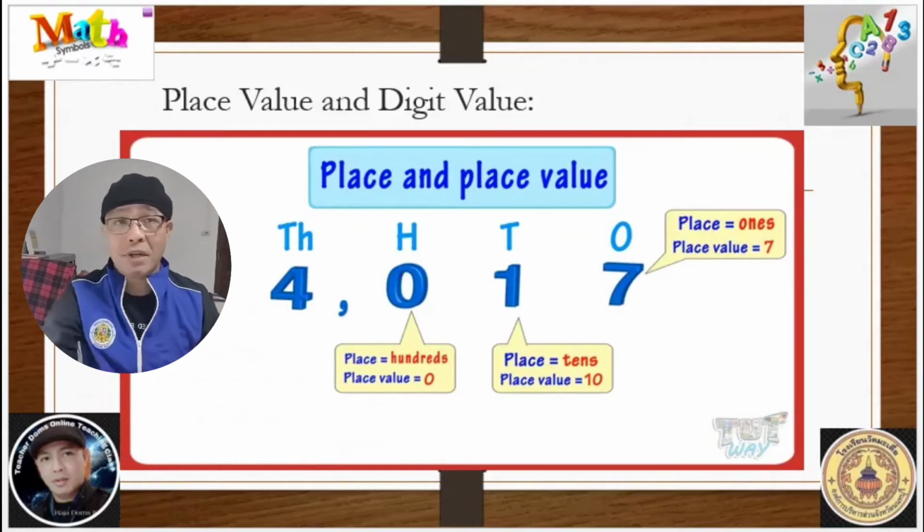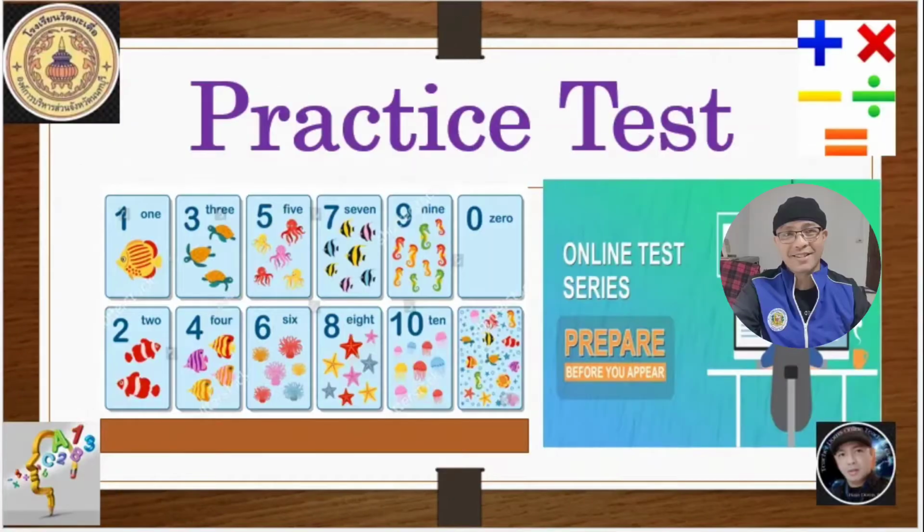It's ones. What is the place value of 1? Tens. What is the place value of 0? Hundreds. What is the place value of 4? Thousands. Alright?